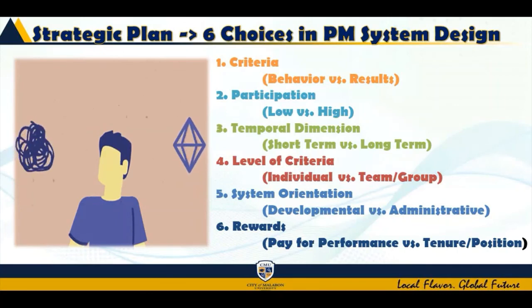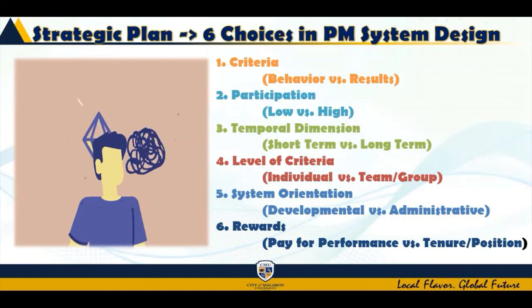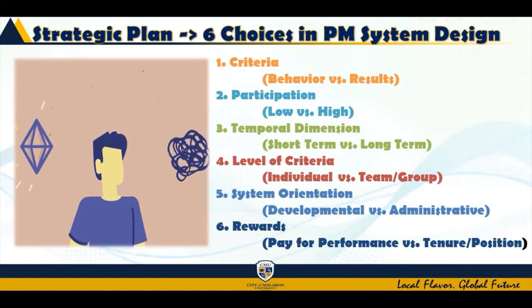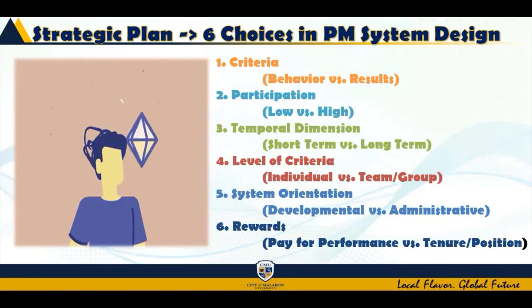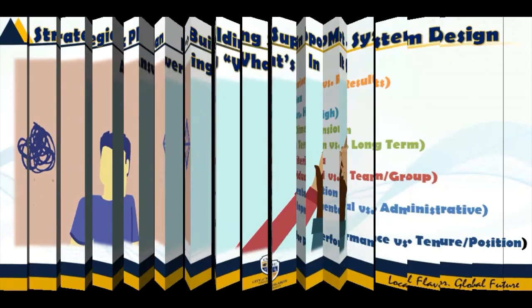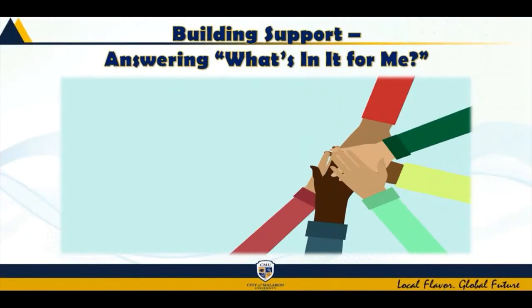And the fifth is the system orientation. Is this developmental or administrative? And also in terms of rewards, is this pay for performance, or based on seniority, or based on positions?